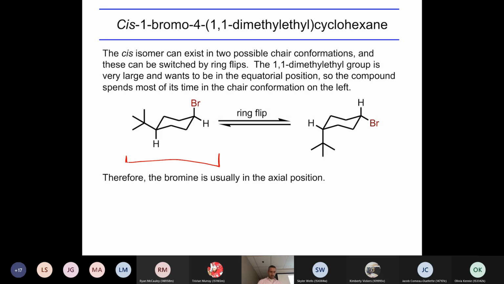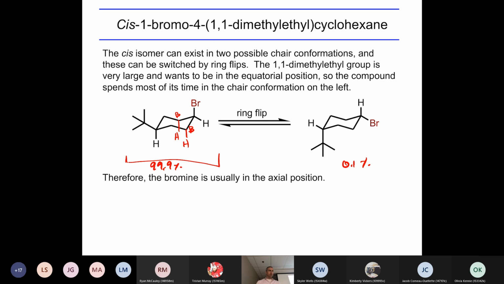All right, so for this molecule, we would say like 99.9% of the time it's in this conformation, 0.1% in the other. I'm making these numbers up, but almost all the time it's in the more stable conformation. Tert-butyl groups super want to be equatorial. So when this bromine is axial like this, that's actually the ideal orientation for bromine if you want to do elimination. That's because there's a hydrogen here and a hydrogen here that are beta and anti-coplanar.